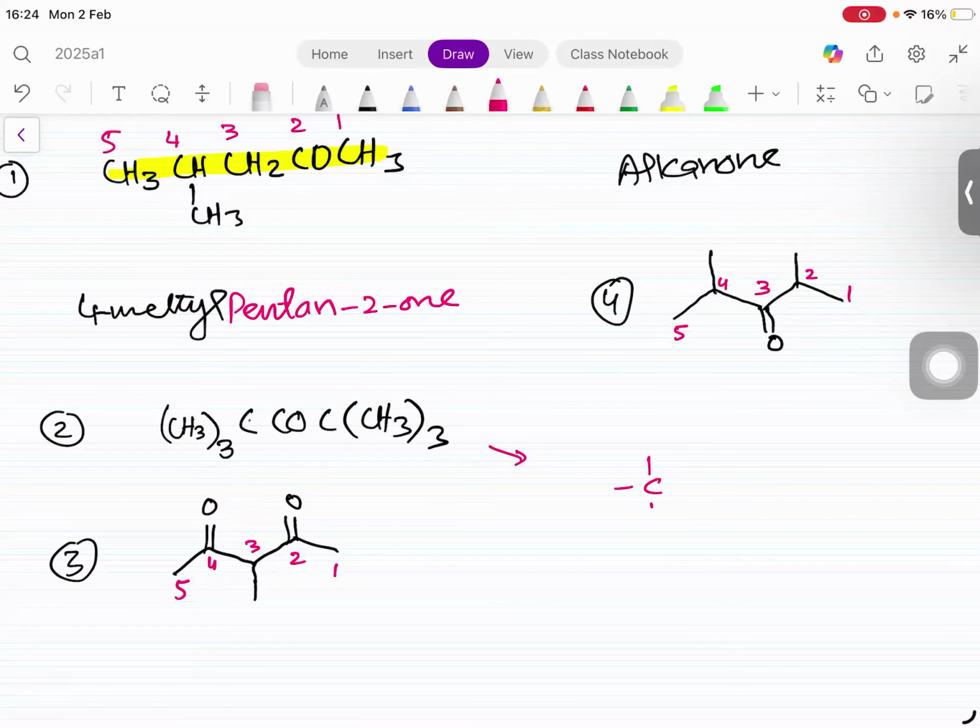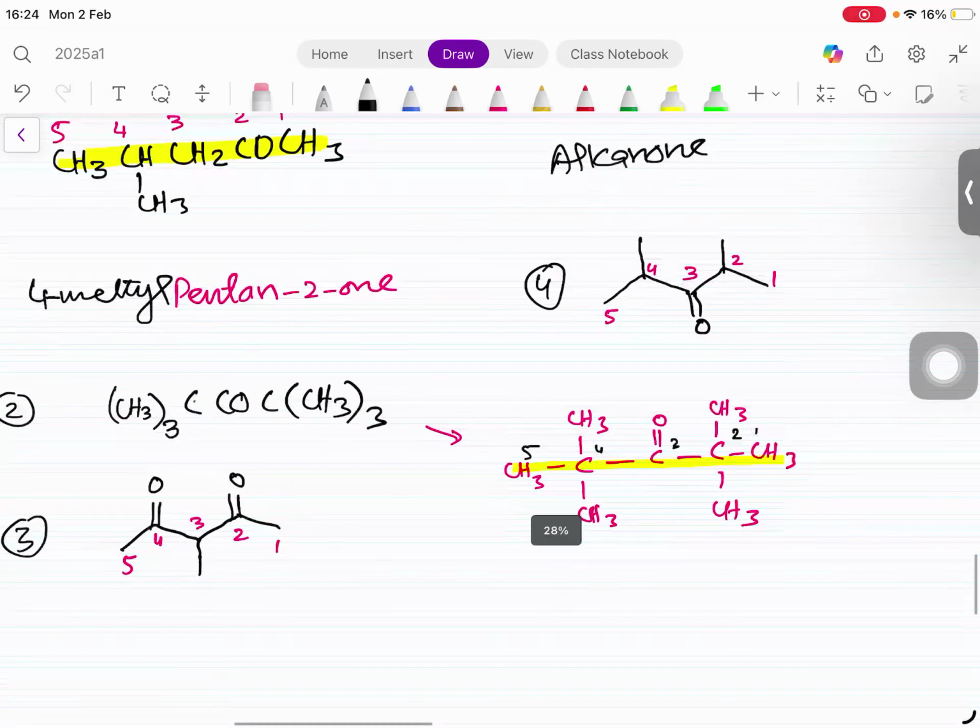There are three CH3s attached like this with the first carbon. Then there is C double bond O. Then again there are three CH3s attached here. And then you select the longest chain like this. Pay attention. So 1, 2, 3, 4, 5.